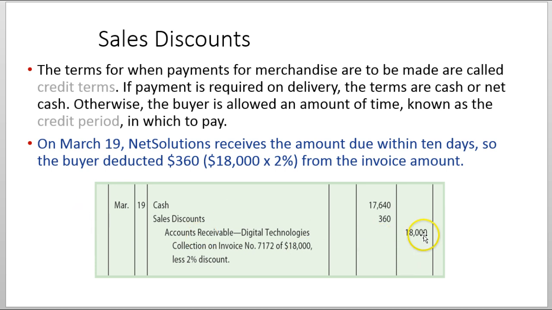So we've already got the $18,000 in accounts receivable, so that has to go away. The cash, though, if I take 2% of this $18,000, comes to $360. So we actually receive cash of $17,640, and we've created a sales discount. So we've just added one line entry with the discount.